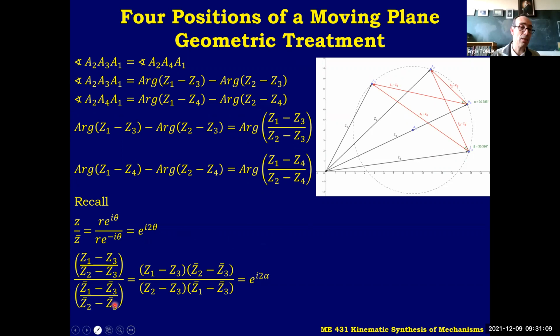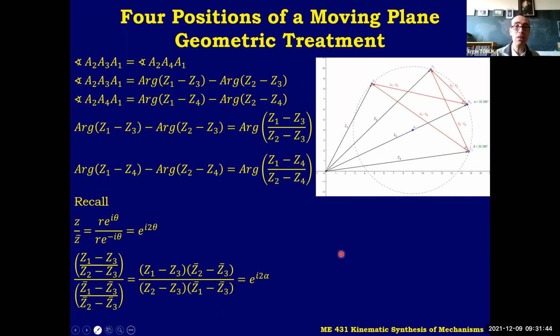Now, if I just try to write the expression for the first angle, it becomes this, and actually denominator of the denominator will come to numerator. This denominator and this denominator will be in the denominator, okay? And it will become e to the 2 alpha, where alpha is this angle, also this angle, okay?